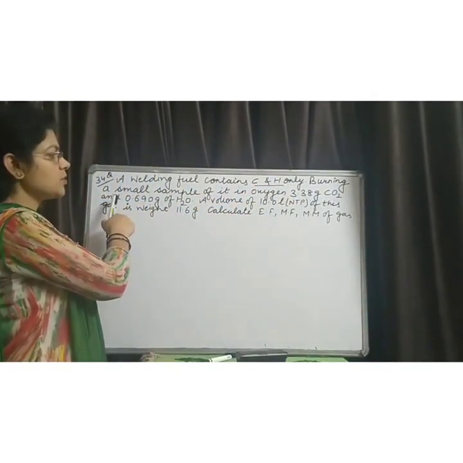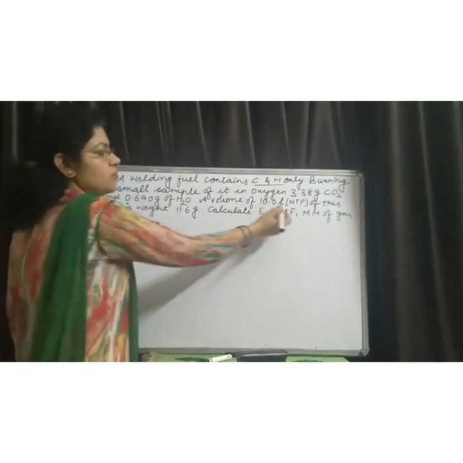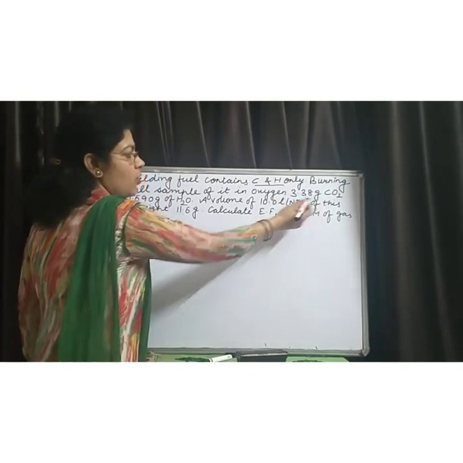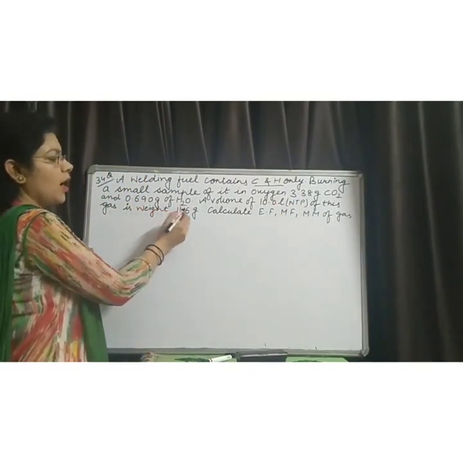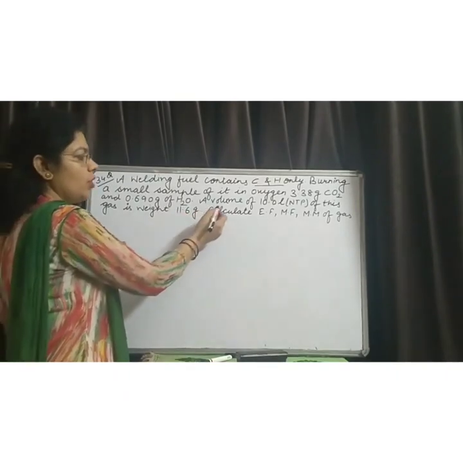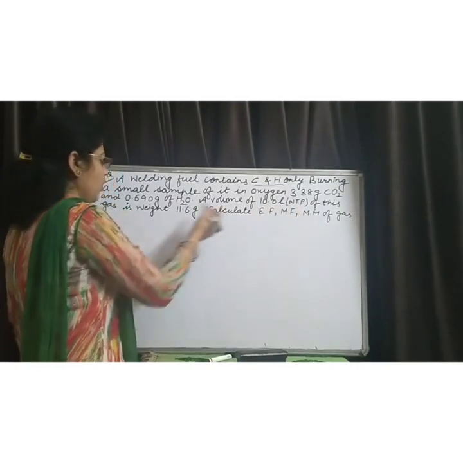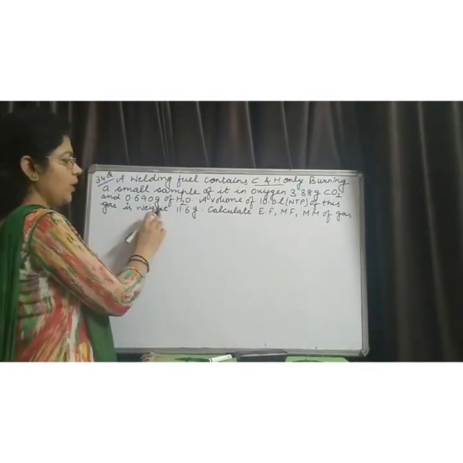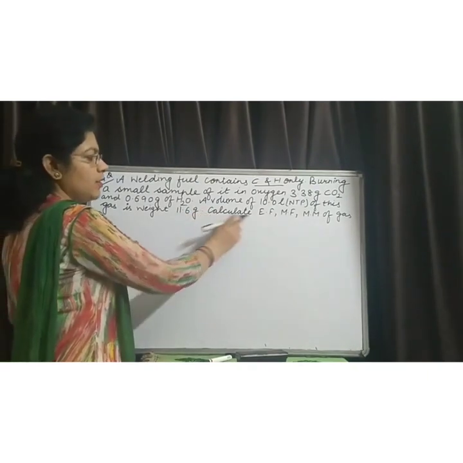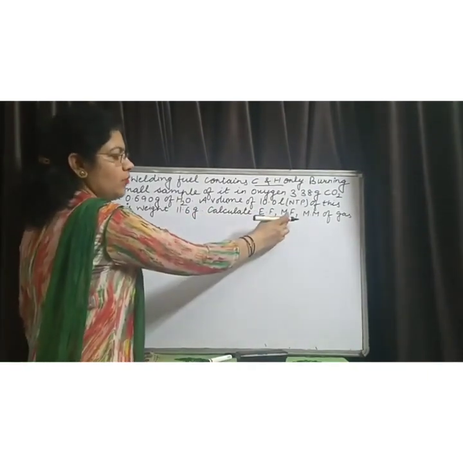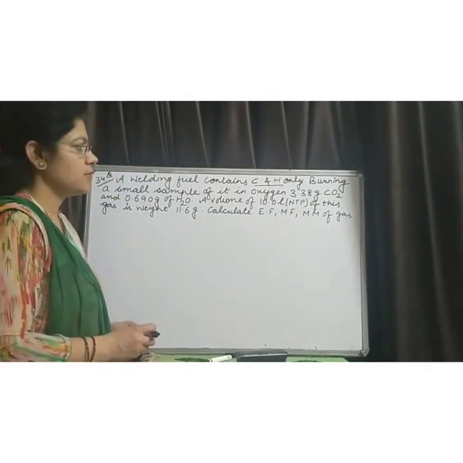On burning a small sample of it in oxygen, it gives 3.38 grams of carbon dioxide and 0.69 gram of water. A volume of 10 liter at NTP of this gas weighs 11.6 gram, and you have to find the empirical formula, molecular formula and molecular mass of the gas.